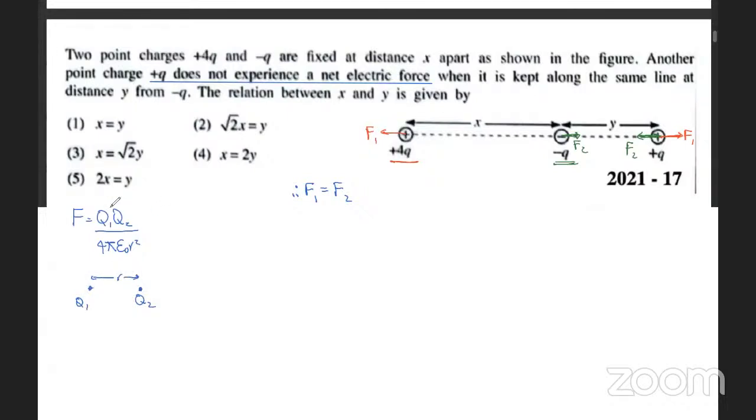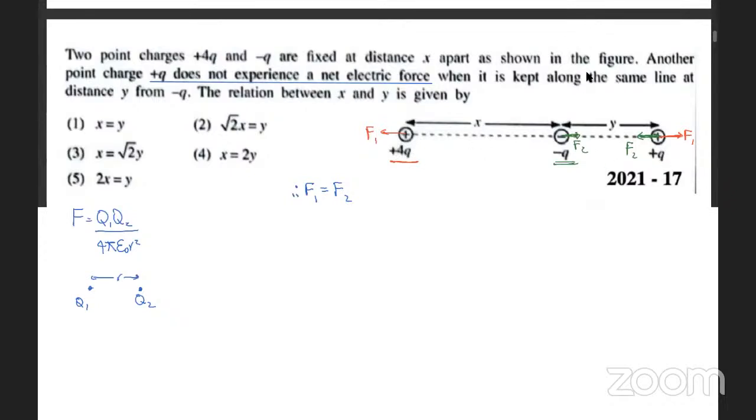Now you don't substitute negative values here, you substitute only positive values to find the magnitude of the force. If both are similar charges, you mark the forces away from each other. If both are opposite charges, you mark the forces towards each other. That's it.